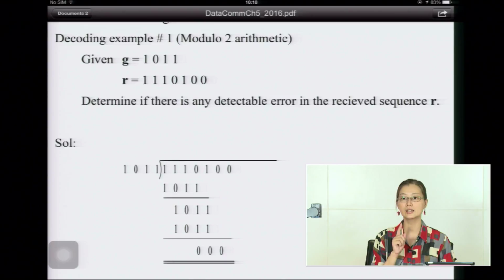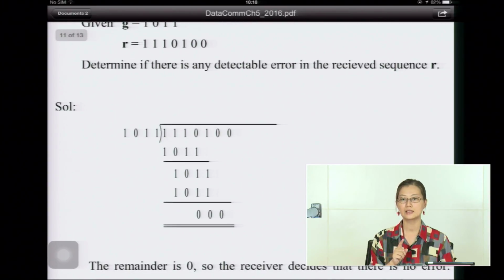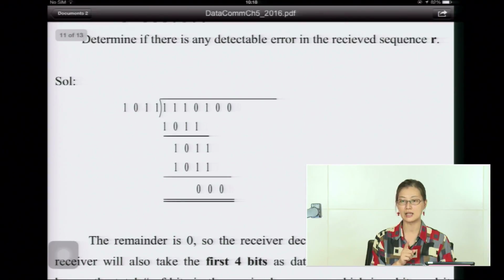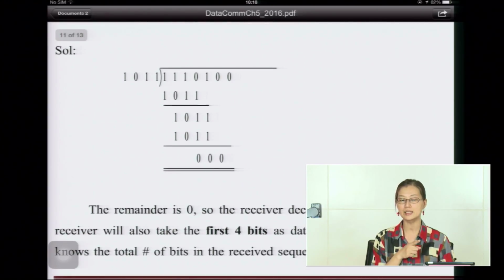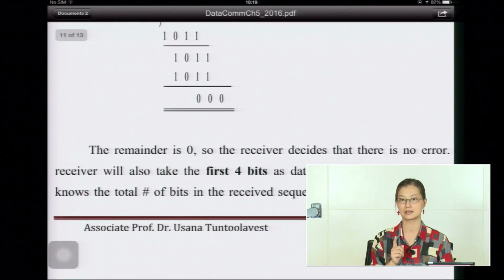Inside, the numerator is 1, 1, 1, 0, 1, 0, 0, and the denominator is 1, 0, 1, 1. So you divide in the same method as what you did in the encoding, okay? When you divide this, if the result is 0, then it means that it's divisible by G. But if the result is not 0, then it is not divisible by G and an error is detected.